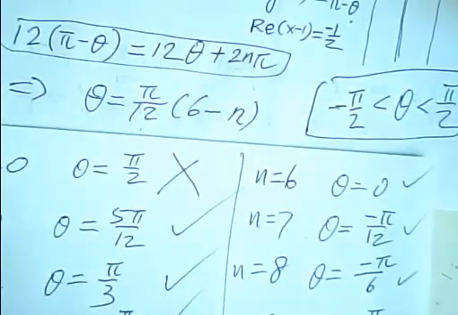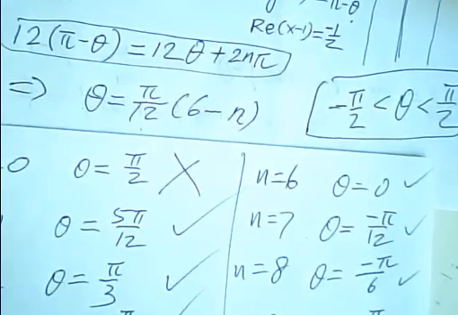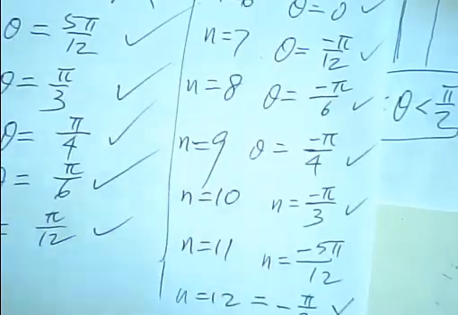Okay, n equal to 12 will be equal to negative half pi, which is not good.